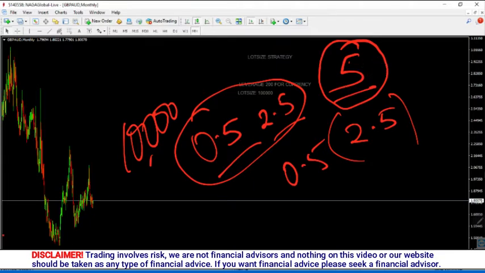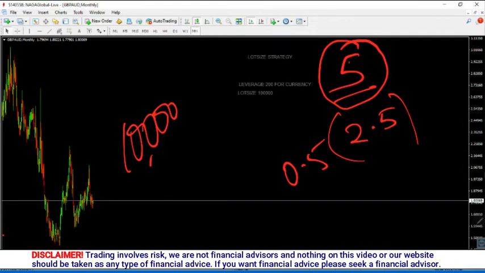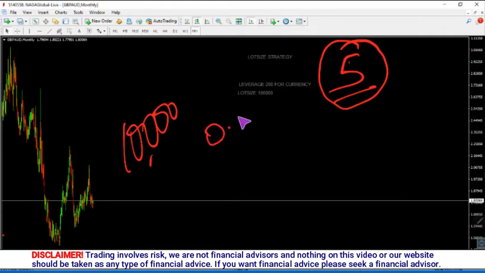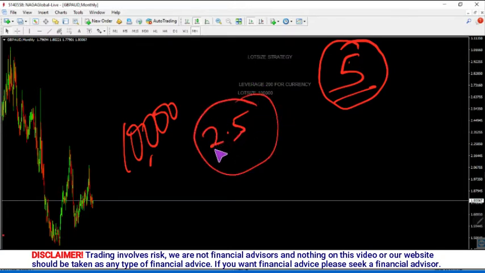So for the first trade you used 2.5%, and you were in profit, and you're no longer on loss on this. You're no longer taking a risk of 2.5% of your account size.